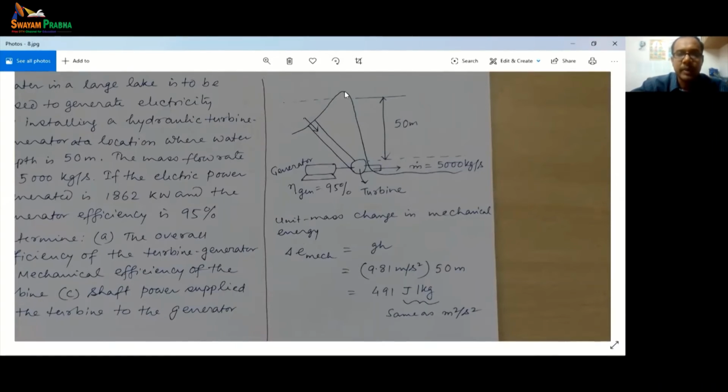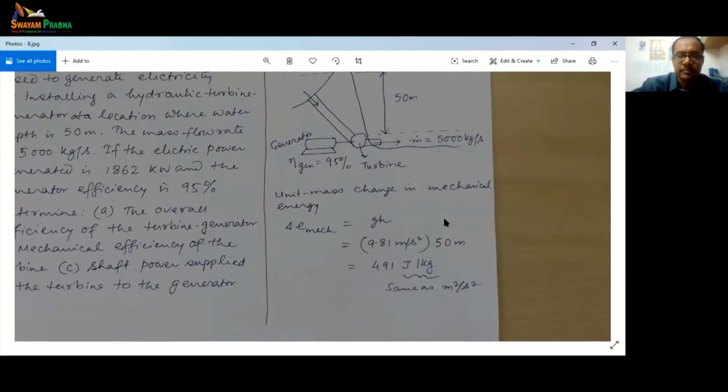When we put some barrier, often this is not a natural barrier, this is a man-made barrier, and we put water at a high level and allow it to go through a turbine which is kept at a low level, so that all this head, mechanical head, is available for the turbine, and with a certain mass flow rate, when water flows through, it runs the turbine, and that mechanical energy is converted into another form of mechanical energy which runs the shaft through the turbine, and that shaft is actually running the generator for electrical conversion.